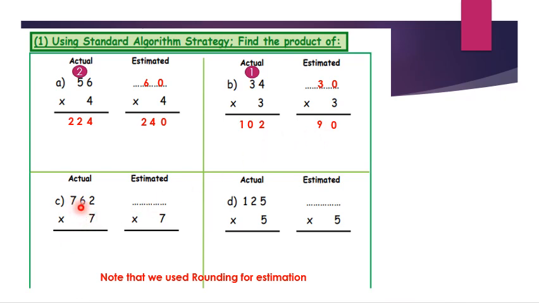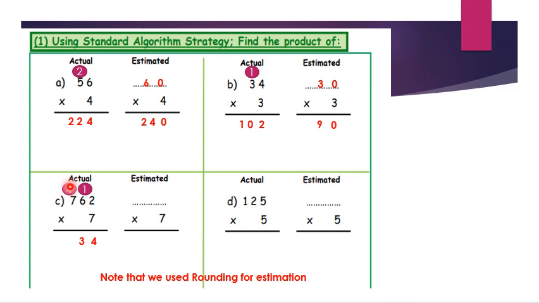Let's go here. We have 762 by 7. First of all, 7 by 2, 7 by the ones. 7 by 2 equals 14. Put down 4 and carry 1. And hide it until you multiply 7 by 6, which is 42. 42 plus 1 equals 43. Put down 3 and carry 4.